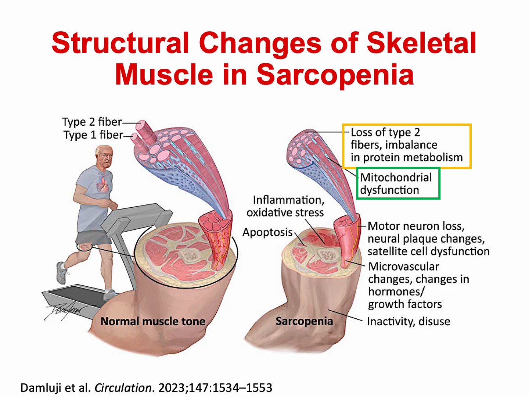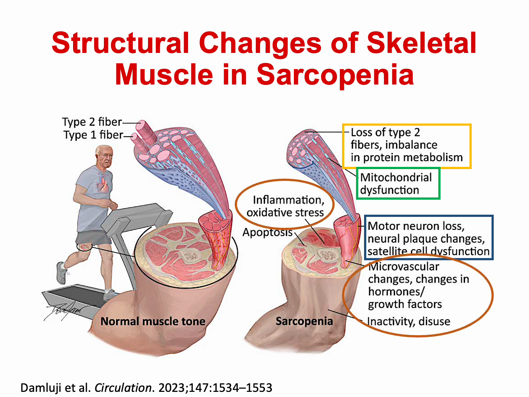Another key factor in aging muscle is a decrease in the number of motor neurons and in the regenerative capacity of muscle stem cells called satellite cells, which reside in the periphery of muscle fibers and can proliferate and fuse with the existing muscle fibers to form new muscle fibers. Finally, systemic factors such as inflammatory cytokines, a decrease in anabolic hormones such as testosterone, microvascular changes, and inactivity may contribute to sarcopenia.